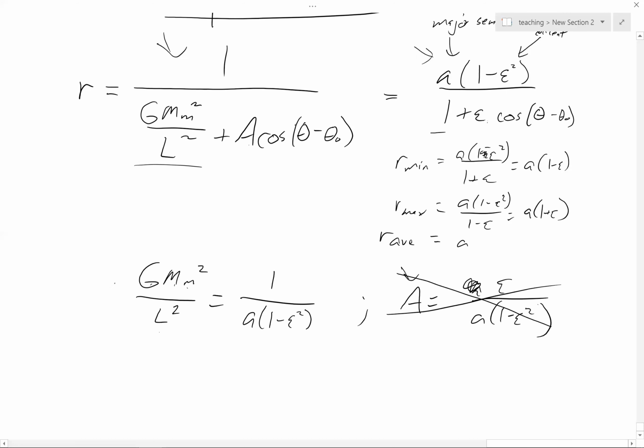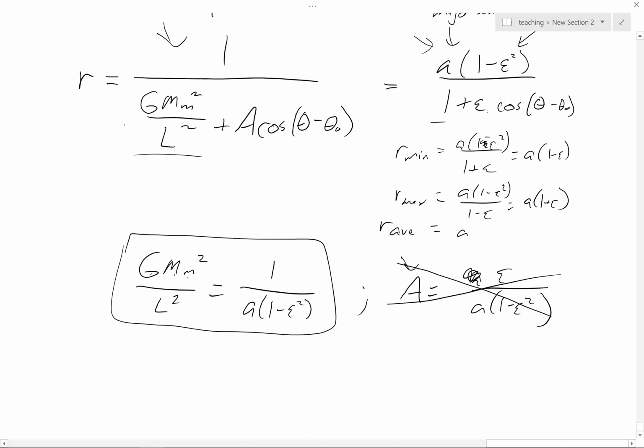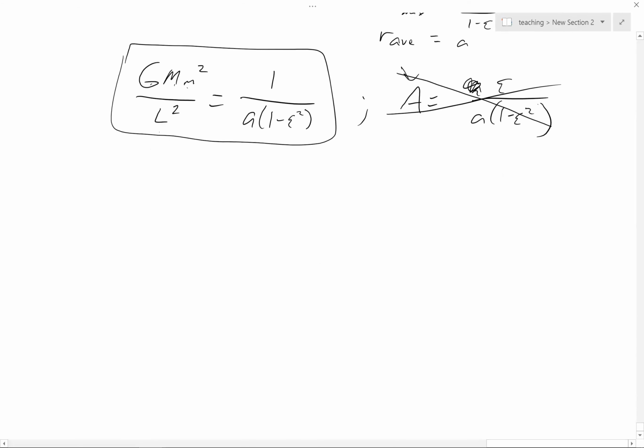There we go. That's what we get from comparing our equation for r we got last time to a standard equation for an ellipse. Let me do one more step. Another thing about our ellipse, remember that the eccentricity is given by the square root of a squared minus b squared, over a.